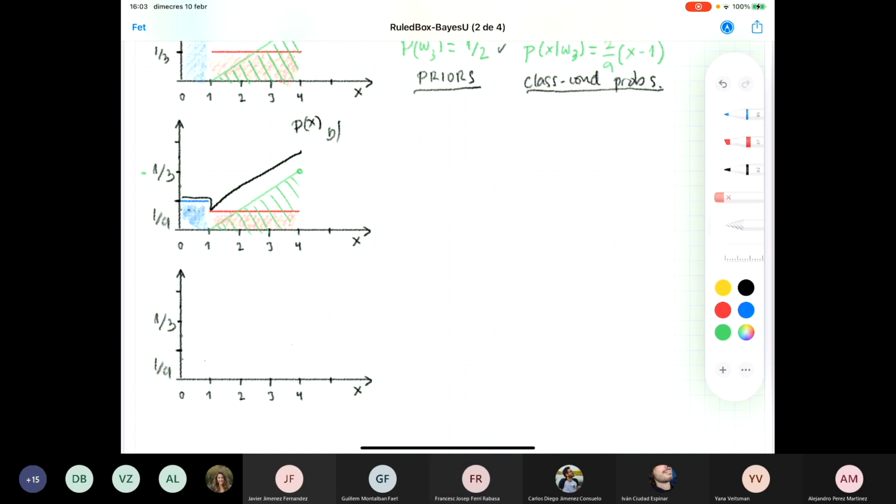Okay. The class conditional of class 1, it's easy.